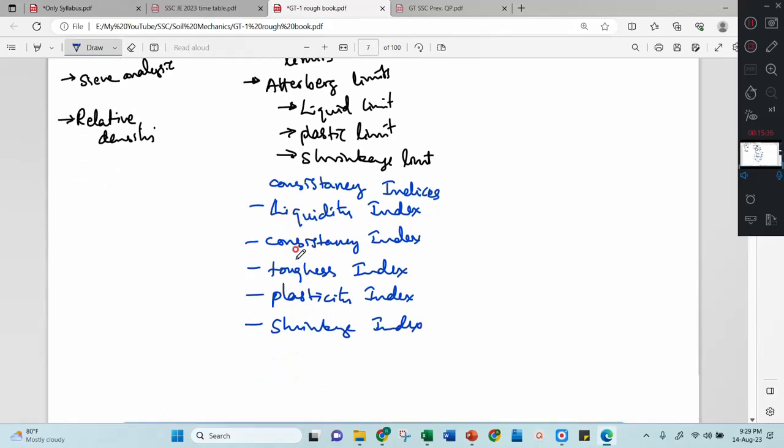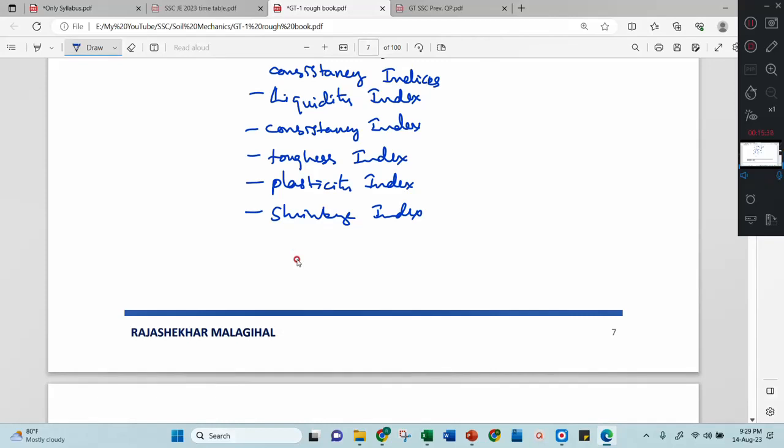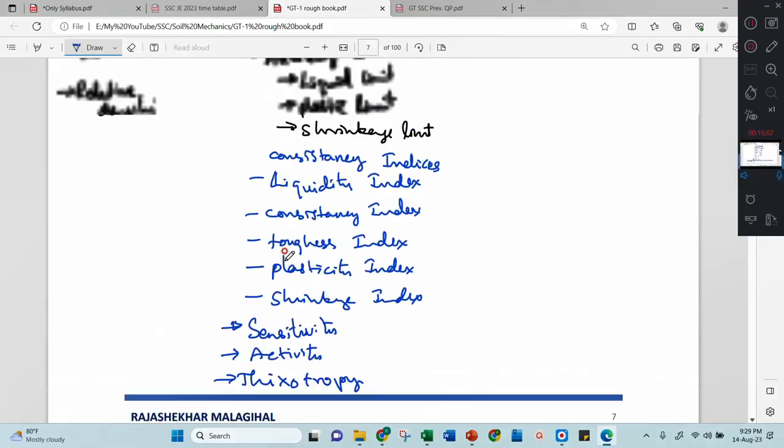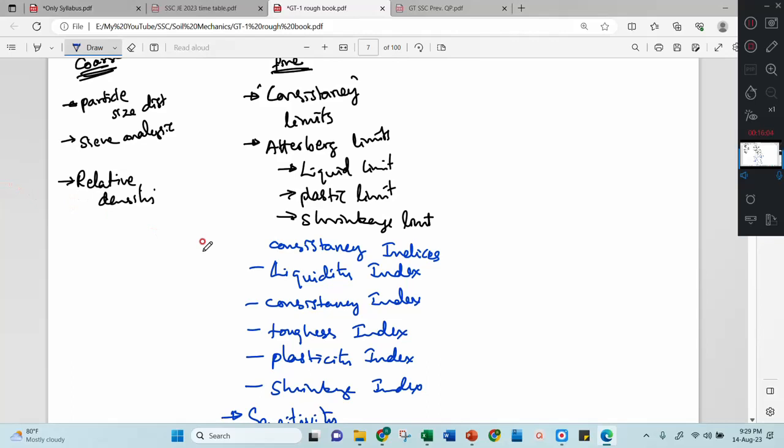These are all indices. Then after that we have three more properties: sensitivity, activity, and thixotropy. Okay, these all are index properties of fine grained soils.